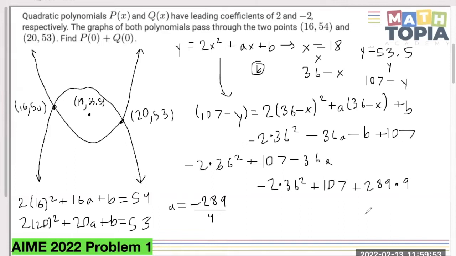We can do a little bit of multiplication; it's not that bad. -2 times 36 squared would just give us -2,592. And then add on 107. And for this part, you can just say this is 300 minus 11, so we get 2,700 minus 99, which would just be 2601. And if we add all this up, we'll get our final answer of just 116.